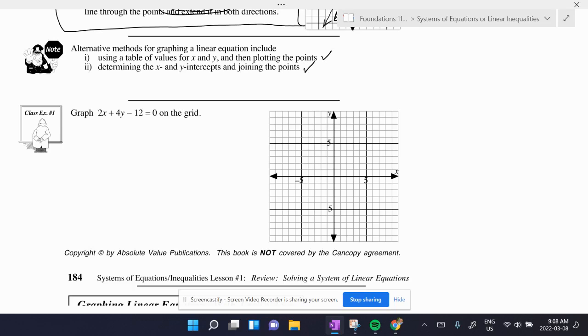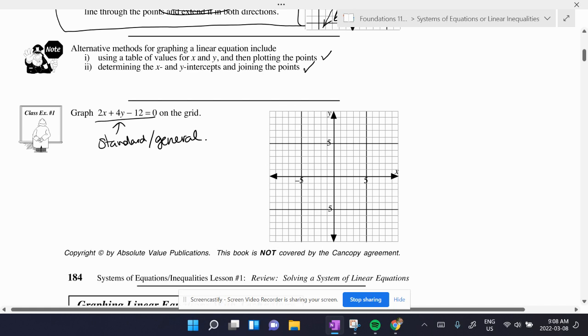Okay, so we're going to move on to class exercise number 1. We've got 2x plus 4y minus 12 equals 0. What form is this called? Standard, general. Okay.